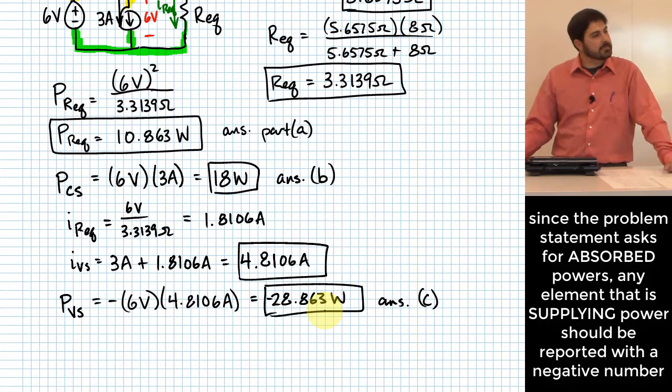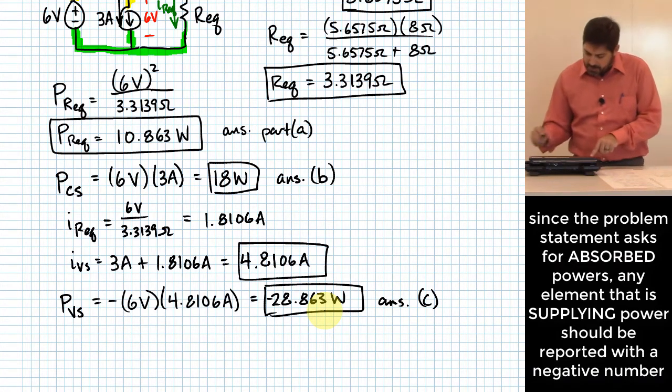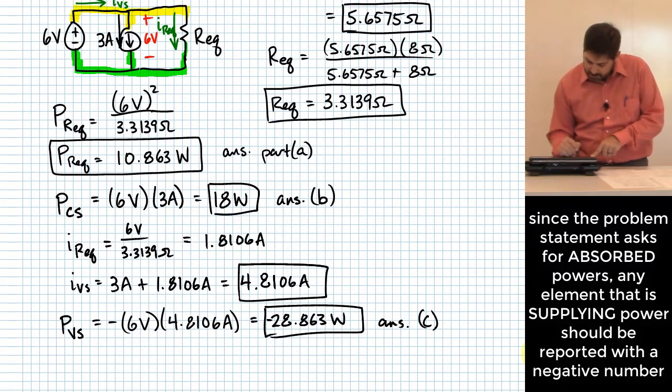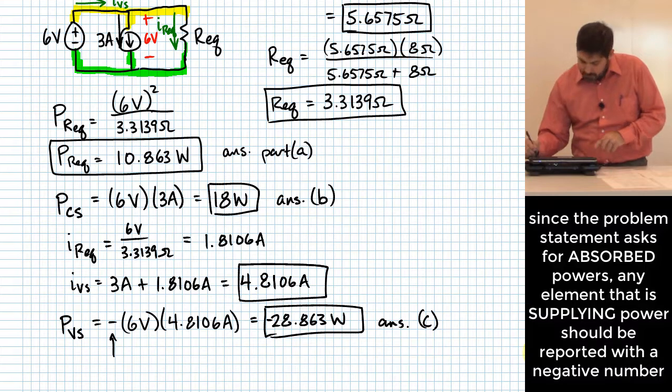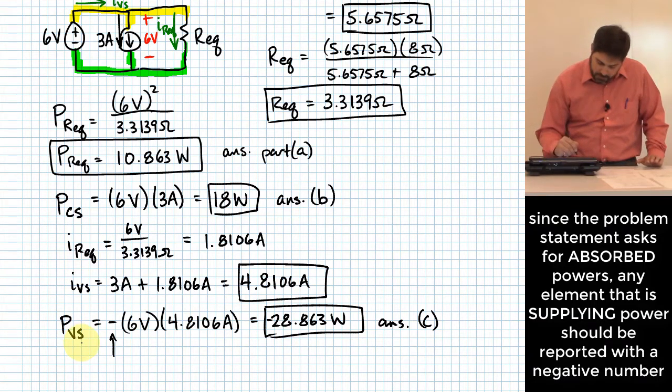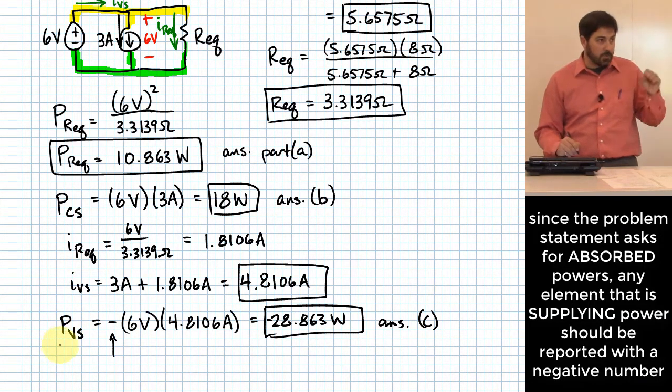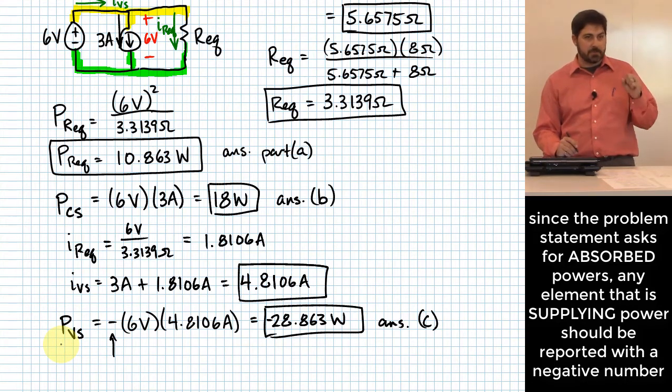Yes? Yeah, so basically the question was, can I explain one more time why I knew to put a negative right there, right? So here's why. I want for this power to be positive when that element is absorbing power.